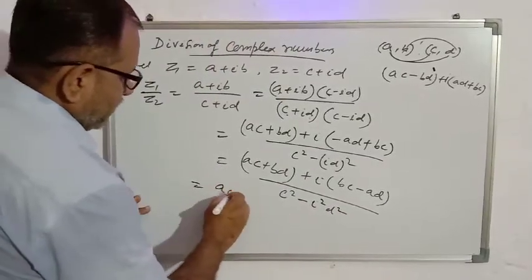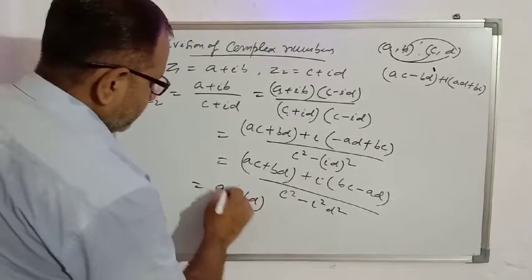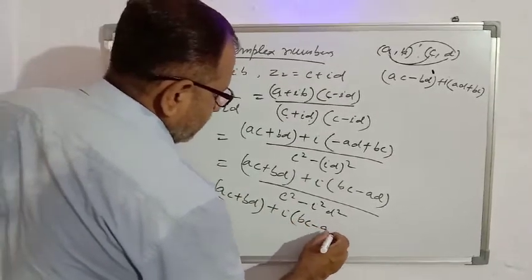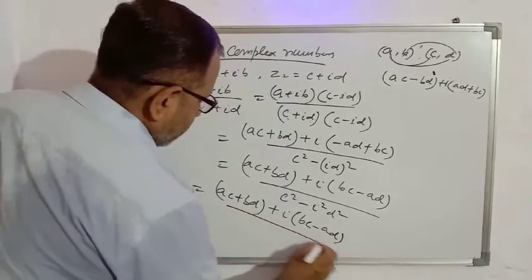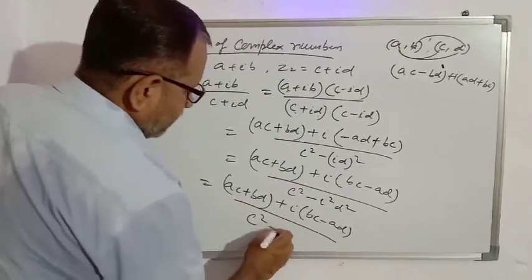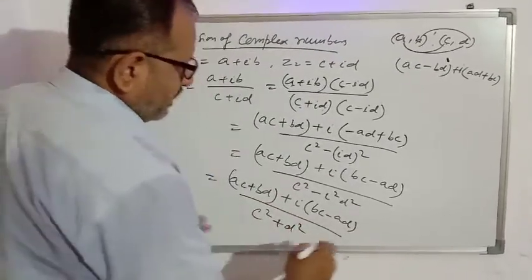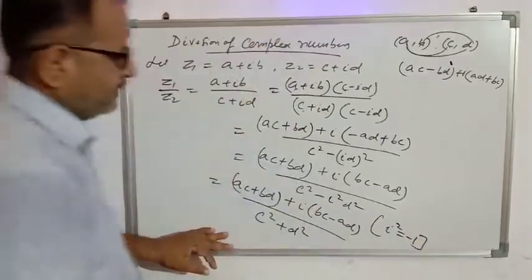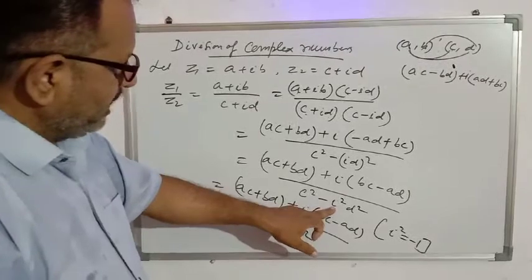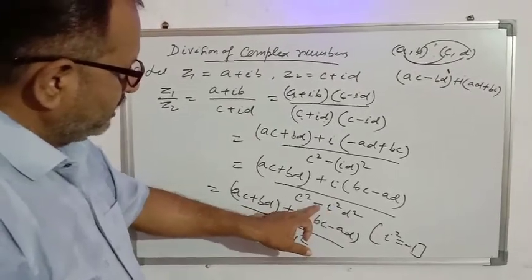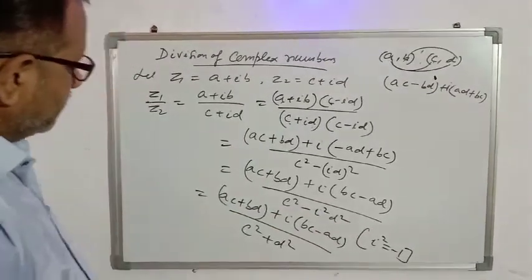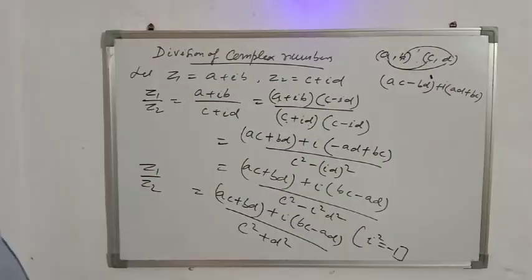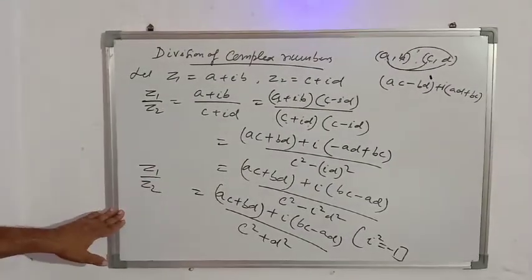So it will be ac plus bd plus i bc minus ad upon c square plus d square. Because i square is equal to minus 1. So i square is equal to minus 1, we will put minus sign here, minus into minus plus. So c square plus d square. So in this way we can divide two complex numbers.